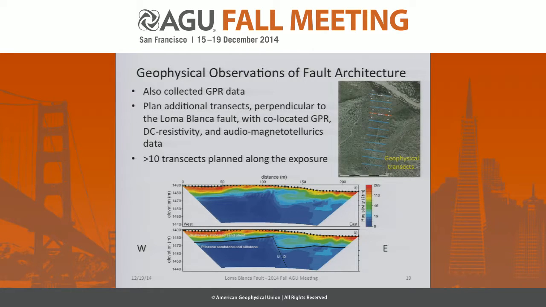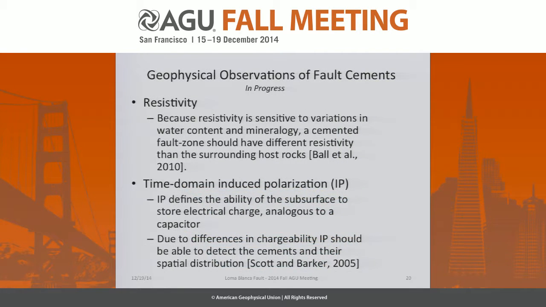So we've also collected GPR data and planned additional transects, 10 or more, with resistivity, GPR, and other geophysical techniques to continue to diagnose what's happening in this fault system. What about the cements? Well, the resistivity will tell us something about the cements, as well as we can interpret it. This resistivity is going to be sensitive to moisture content and mineralogy, both of which will be different in the cements.